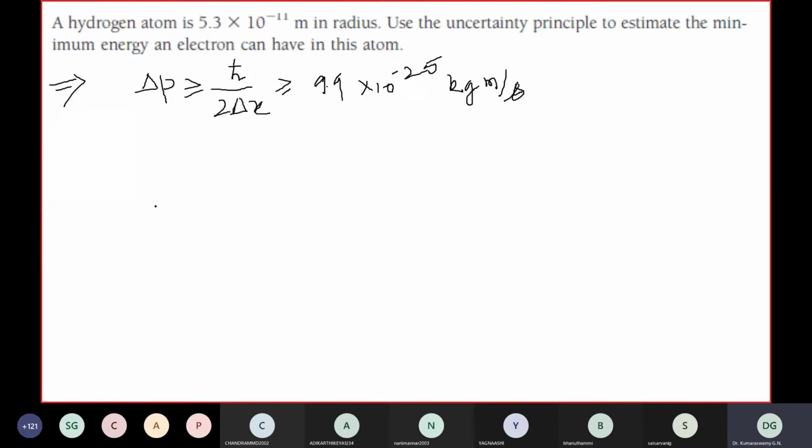Here you can use K is equal to P square by 2m, because this electron behaves like a classical particle. Its velocity is not very much compared to the speed of light.